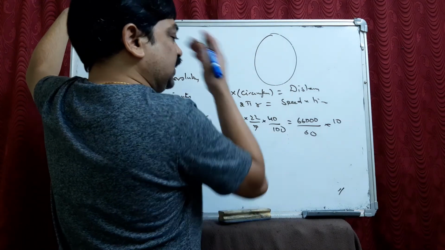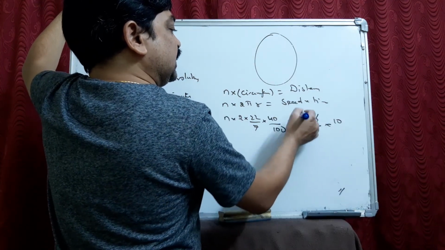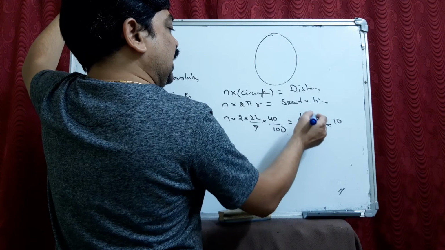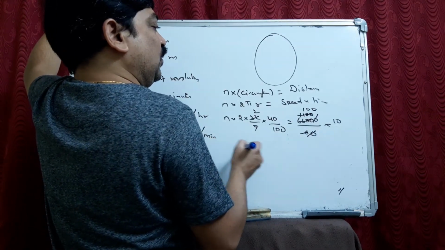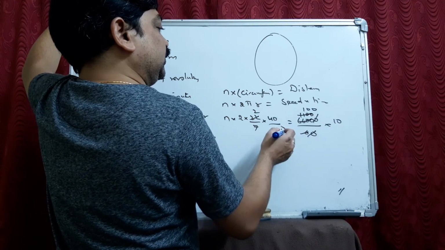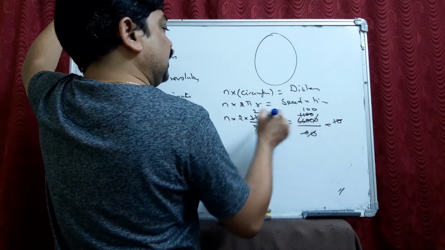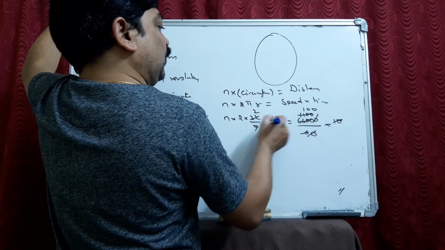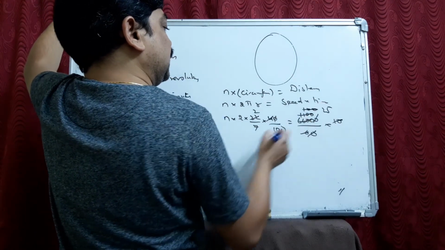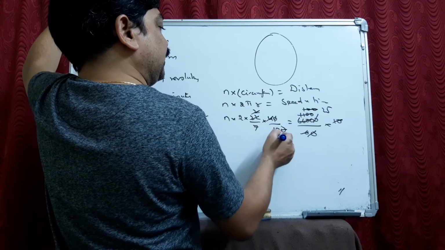Let us calculate. 10 and this 4 get cancelled. 4 gets cancelled with this 25 times. 2 will get cancelled with this 50 times.